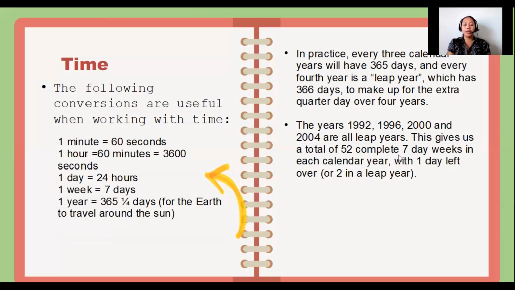So for you to be able to memorize how many months with 30 days and how many months with 31 days in a year, just memorize this chant. So 30 days of September, April, June, and November. And all the rest are 31.